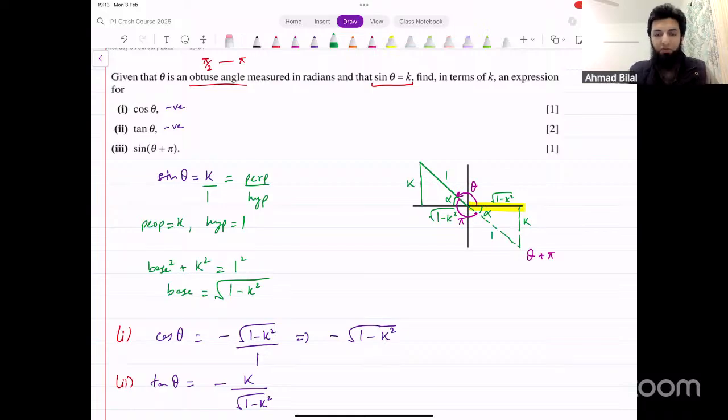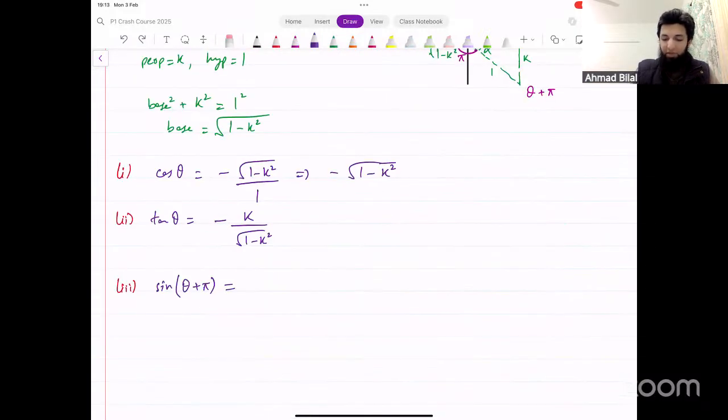Since we are in the fourth quadrant, sine is negative in the fourth quadrant. Its magnitude will remain the same because that's still perpendicular over the hypotenuse. That is still k. But since we're in the fourth quadrant, it will become negative. So we can say sine of theta plus pi is negative k because of being in the fourth quadrant.